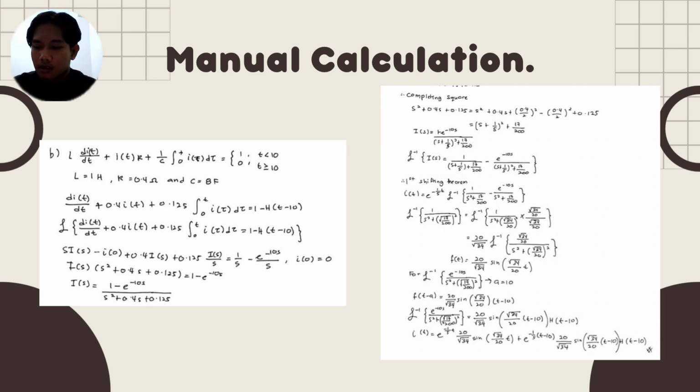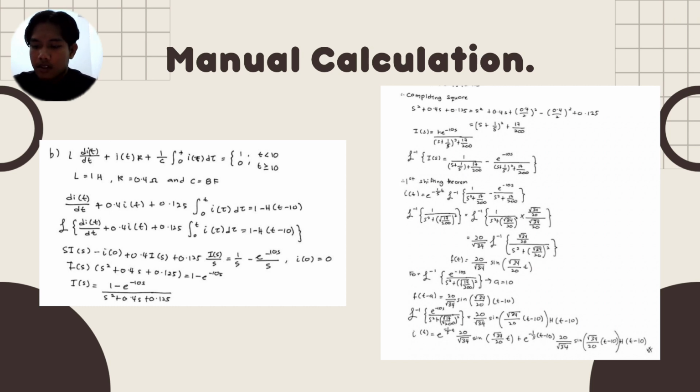I(s) equal to (1 minus e to the power of negative 10s) over s, times 1 over (s plus 1/5) square plus 17 over 200. For the Laplace inverse, I(s) equal 1 over (s plus 1/5) square plus 17 over 200 minus e to the power of negative 10s over (s plus 1/5) square plus 17 over 200.